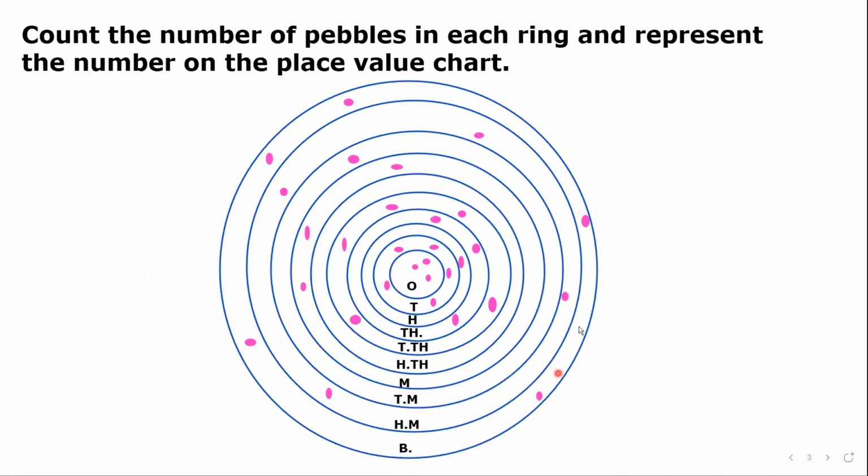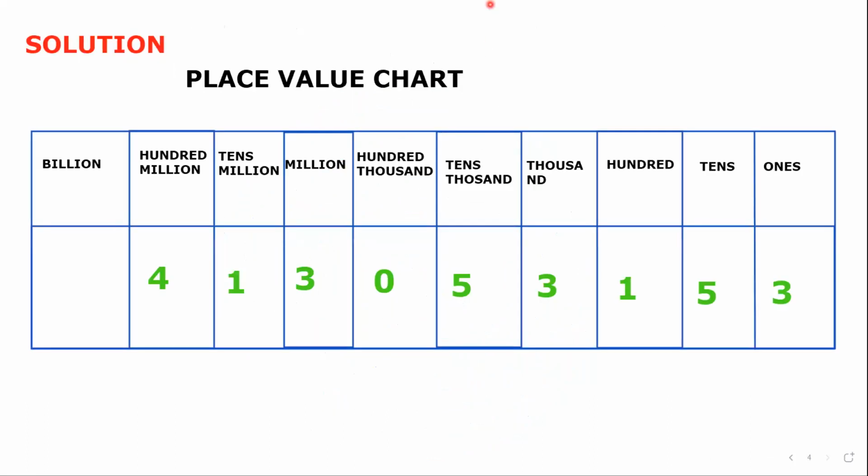Here is 1, 2, 3, 4, 5. Let's count again. 1, 2, 3, 4, 5. That is 5 billion. Then go back to your table, and then you write 5 under the billion. That is 5.